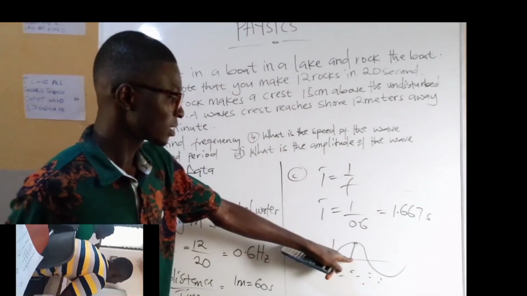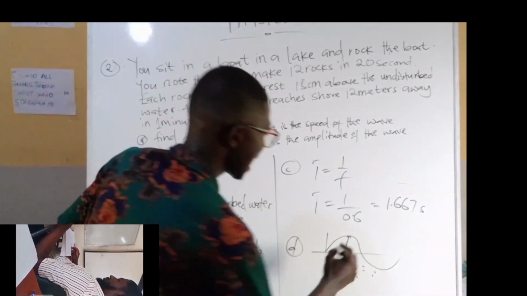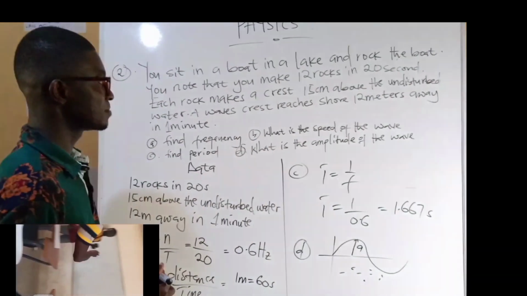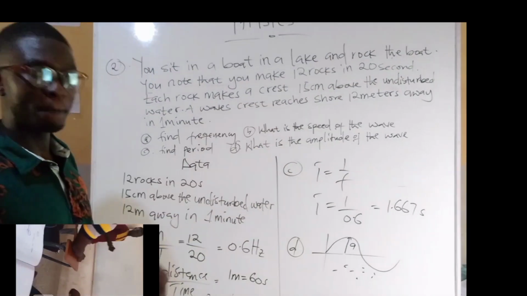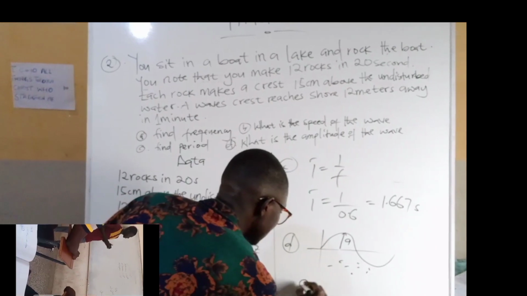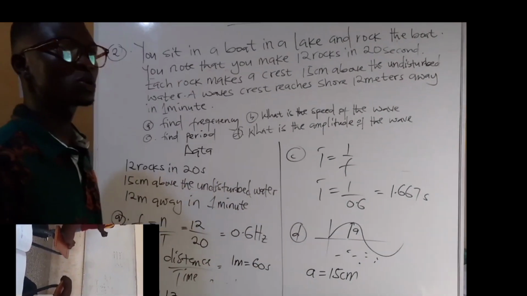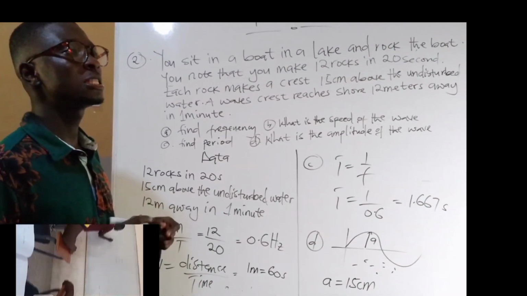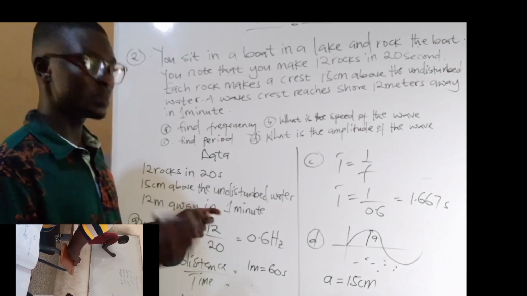And we know that the vertical maximum displacement of a wave represents the amplitude. So it means that the 15 centimeters given above the undisturbed water is the amplitude, right? So our amplitude is equal to 15 centimeters, right? But we also know that the unit for amplitude is meters. So we need to change from centimeters to meters.